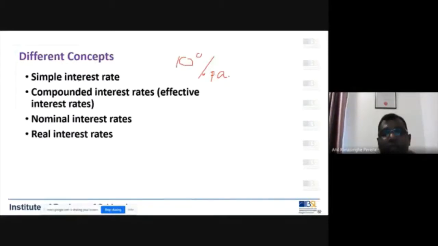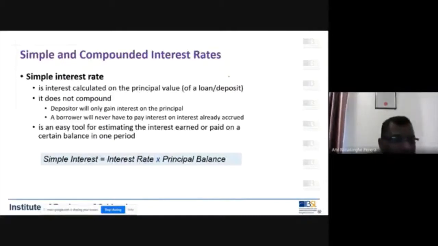When you calculate or operate with real interest rates, there's no inflationary impact. So the real interest rate has excluded the impact of inflation. Price increases have been excluded in the real interest rate. So I have simple definitions for each and every type of interest rate.